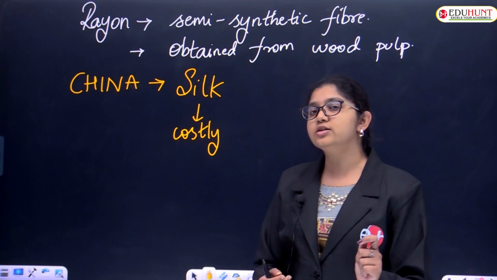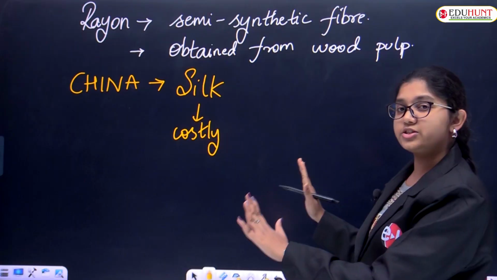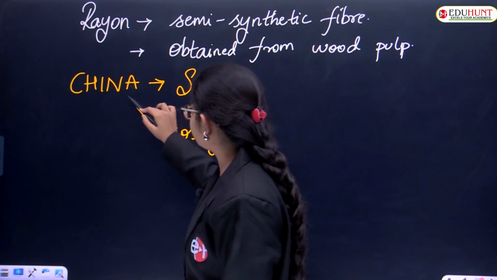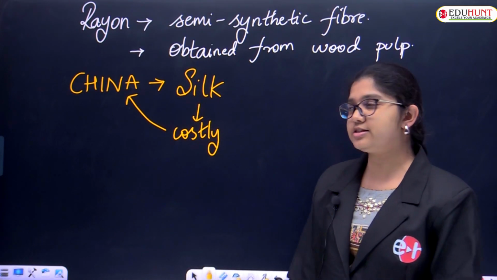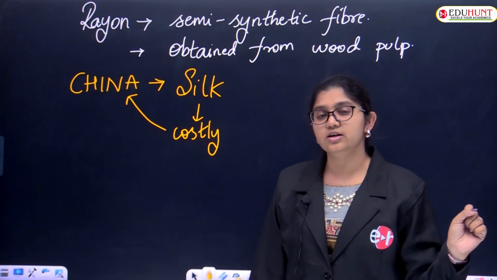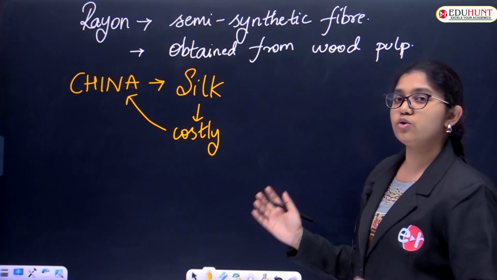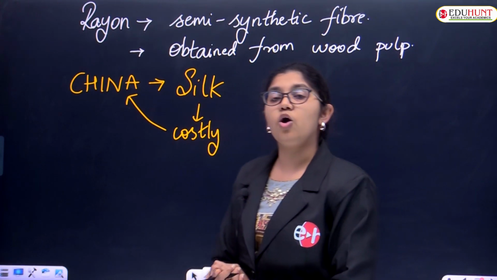It is very beautiful to see, very posh to wear. So silk had that much credit, and it was discovered in China. So what happened? The whole world was looking for that kind of fabric, but we don't have that much money to buy all the silk clothes.